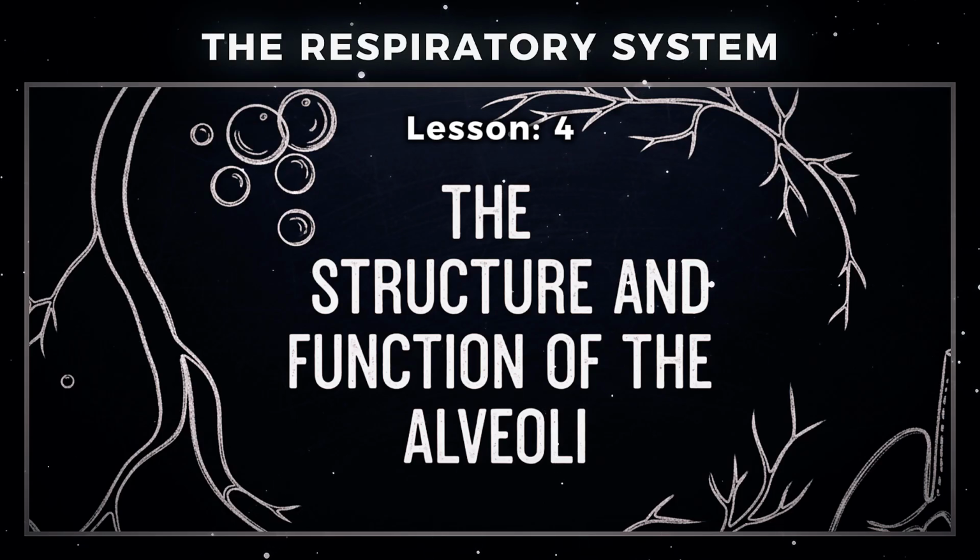We are going to look at the three specialized cell types that call these air sacs home and understand the miraculous respiratory membrane, a barrier so thin that it allows gases to pass through while keeping your blood where it belongs.